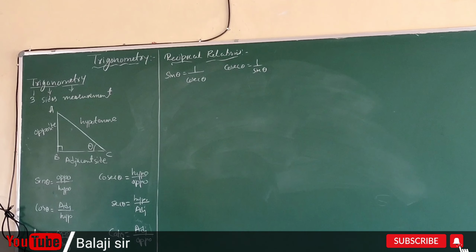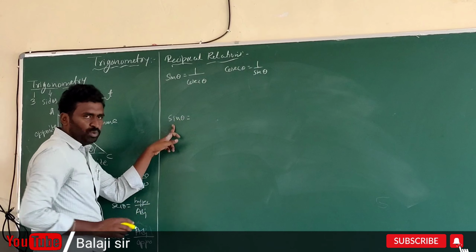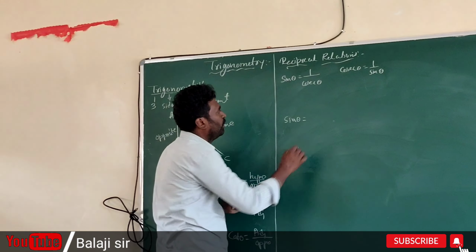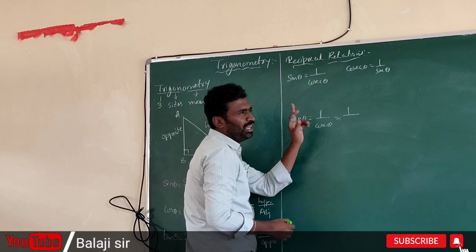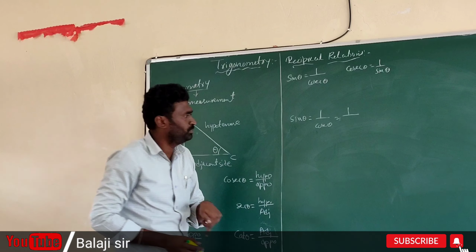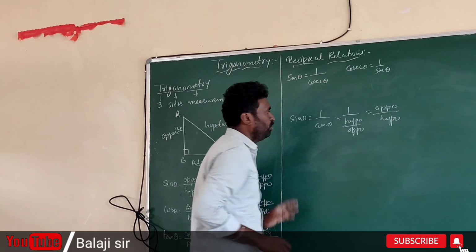Let us write sin theta, which is opposite by hypotenuse. 1 by cosec theta: cosec is hypotenuse by opposite, so taking its reciprocal we get opposite by hypotenuse.